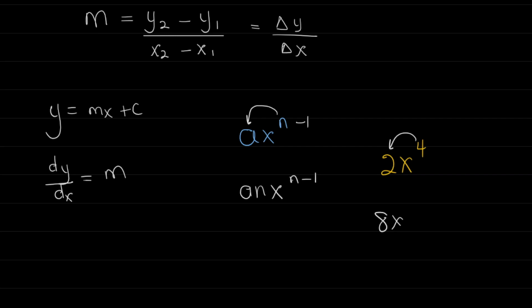You'll see some cases where x is not loyal, but here it's just loyal. And then 4 minus 1 is going to be 3. Are we done? Yes, this is the answer. You've just performed differentiation. What we call this is gradient at a point.